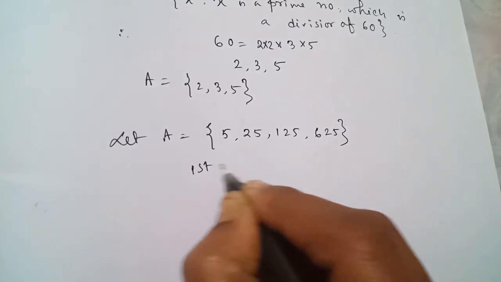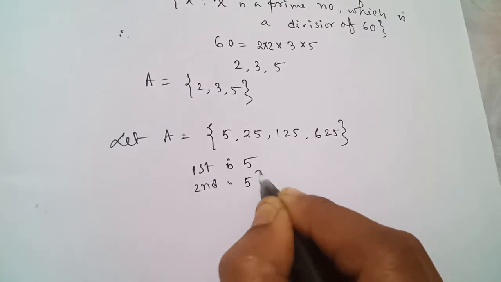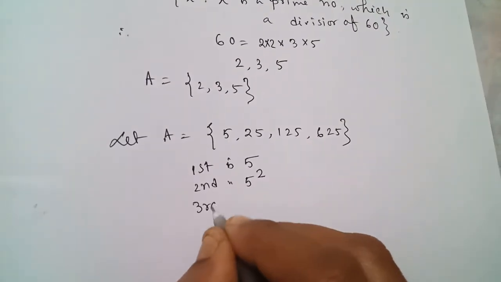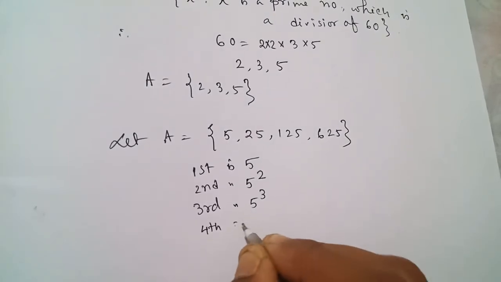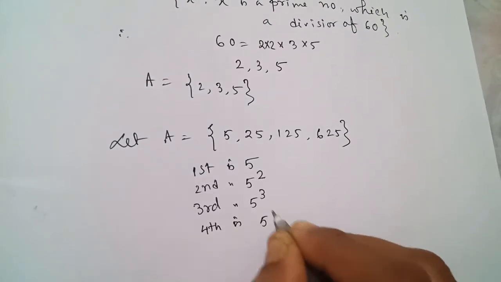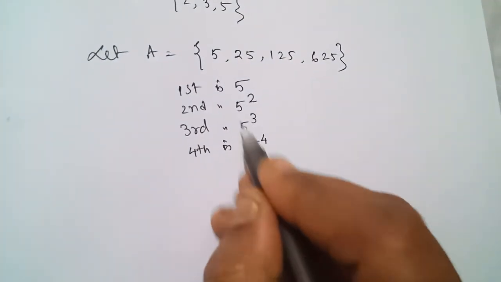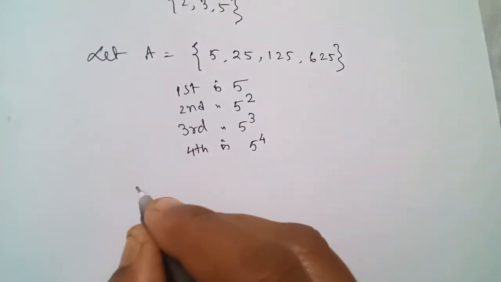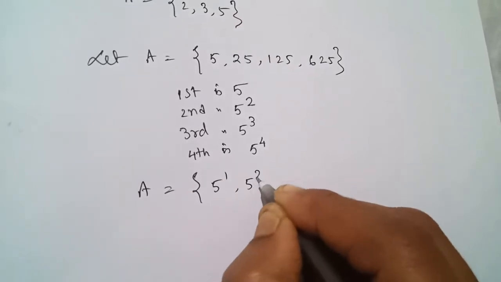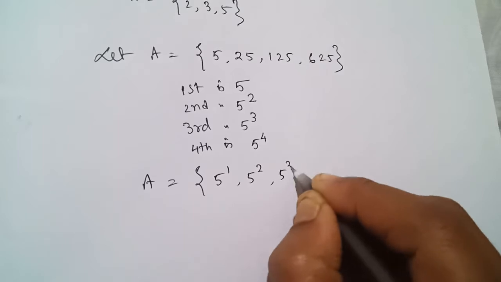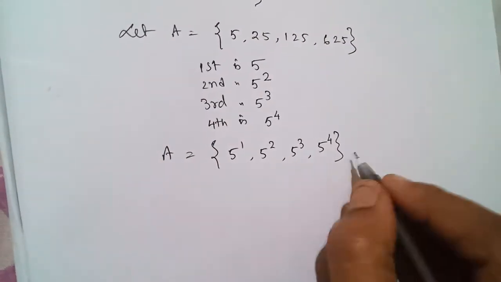You can see first is 5, second is 5 square, third is 5 cube, and fourth is 625, that means 5 to the power 4. So in all 4 elements you can see 5 is common. That means we can write A as 5 to the power 1, 5 to the power 2, 5 to the power 3 and 5 to the power 4. This is the roster form.